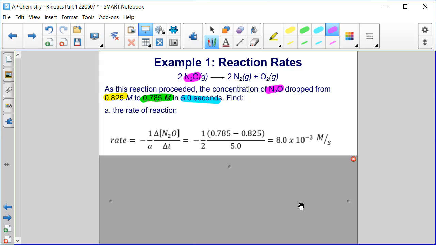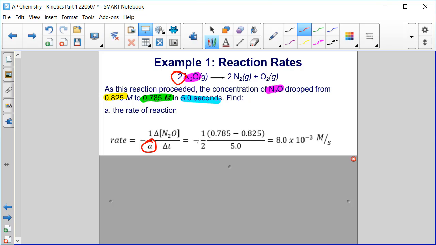is given as minus, because it's a reactant, right? 1 over A, and just as a reminder, A is the stoichiometric coefficient for, in this case, N2O, that reactant. So it's minus 1 over A times the change in concentration of N2O over the change in time. Okay?